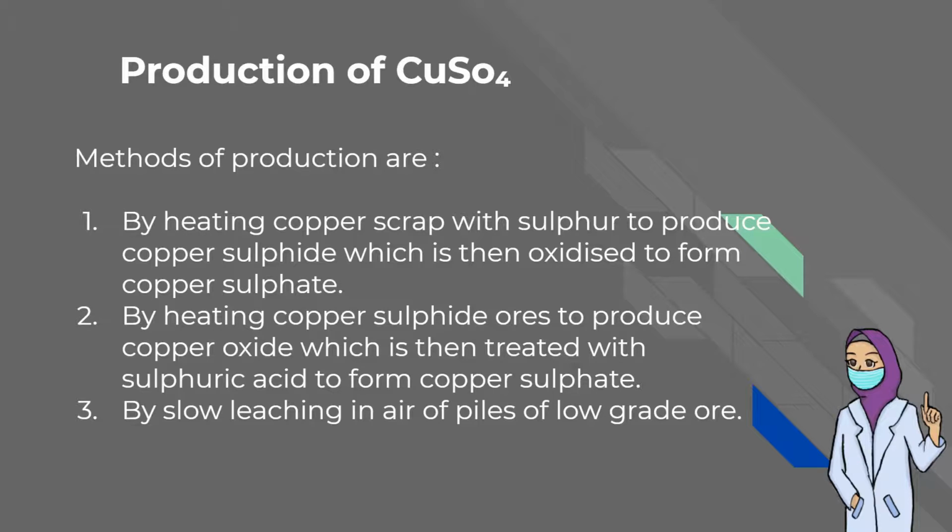The second method is by heating copper sulfide ores to produce copper oxide, which is then treated with sulfuric acid to form copper sulfate. The last method of production is by slowly weathering it in the air or a pile of blue grit ores.